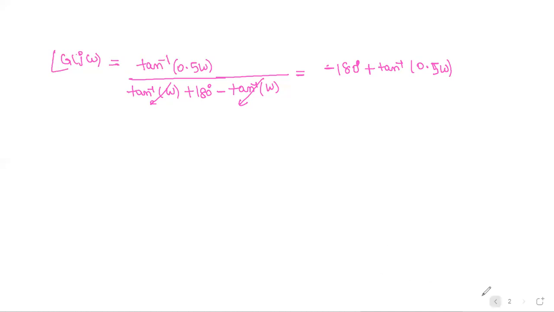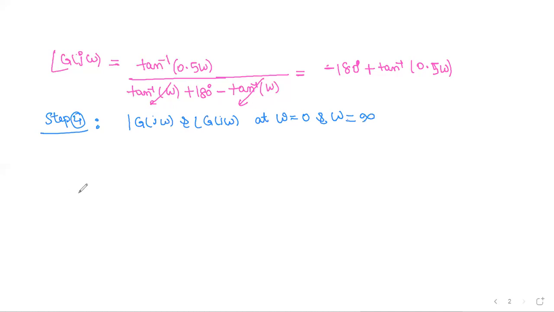Now, which step are we in? Step 4. In step 4, we have to calculate the magnitude value modulus g of j omega and the phase value angle g of j omega at omega equal to 0 and omega equal to infinite.